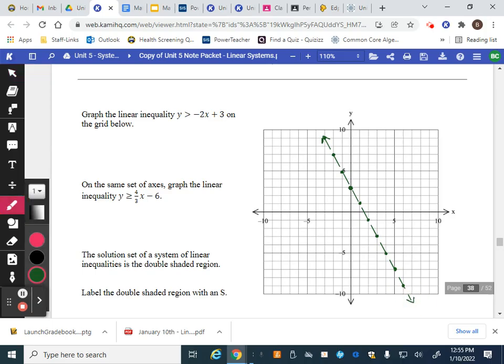All right, and I like to leave my shading to the end just because I don't want to shade too much and then not be able to graph my second line. So let's graph the second inequality, y is greater than or equal to 4/3 x minus 6. I'm going to start down at -6. I'm going to go up 4 over 3.